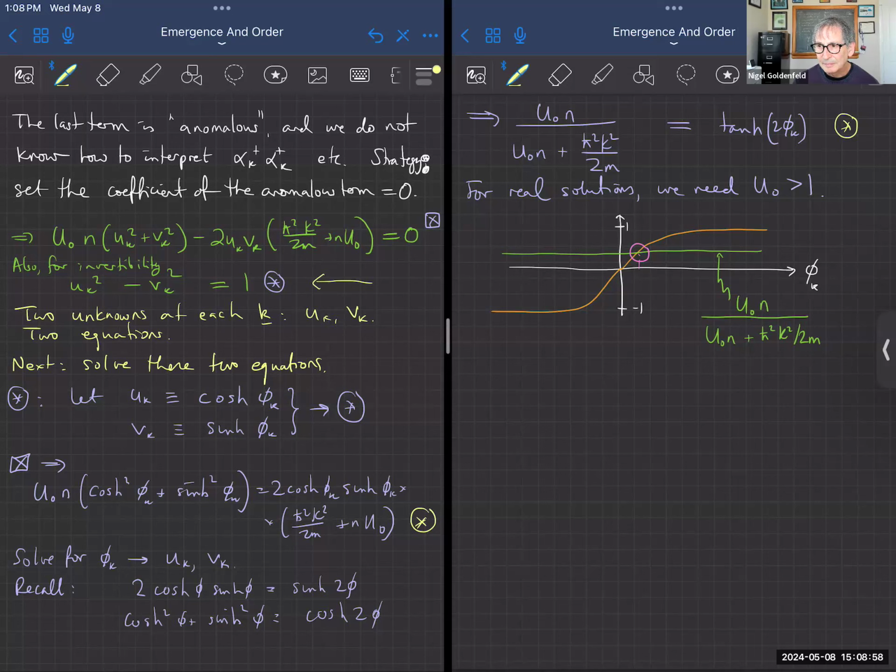One quick question on the same point. Since we can parameterize U and V as cosh and sinh, then our original transformation defining the alphas looks like a hyperbolic rotation of the A and A dagger operators.